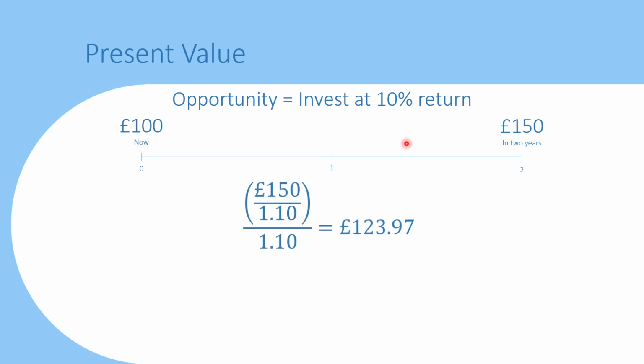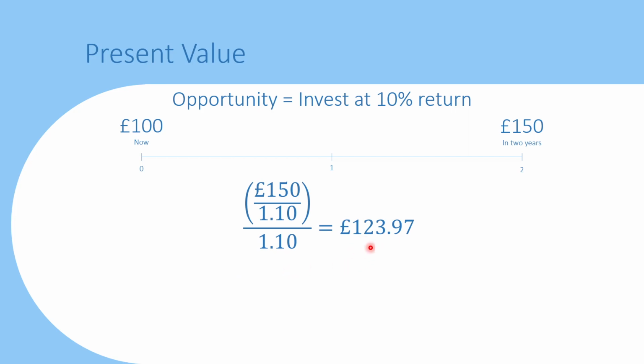So the shorthand way of doing this is by taking that 150, and essentially what we did in the previous slide was we divided it by 1.1, and we took the result of it, and that was 136.36. And then we took that 136.36, which is denominated in the numerator over here within the brackets, and we divided it by 1.10 again.